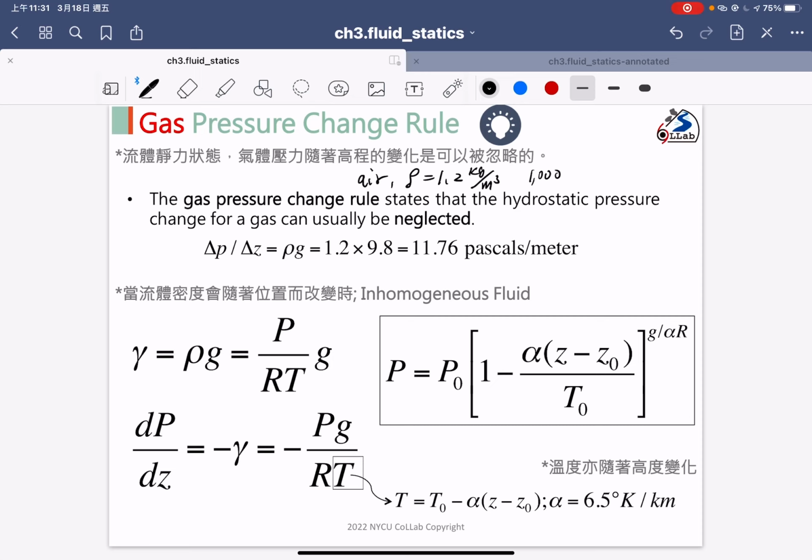So the liquid density and the gas density are totally different. That indicates the gamma here is quite a lot smaller.